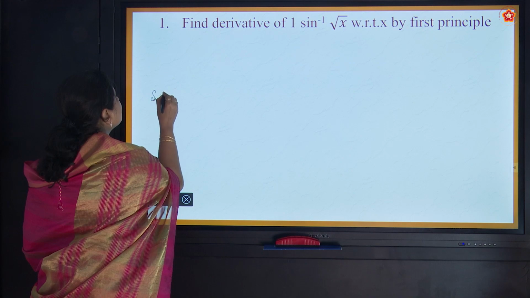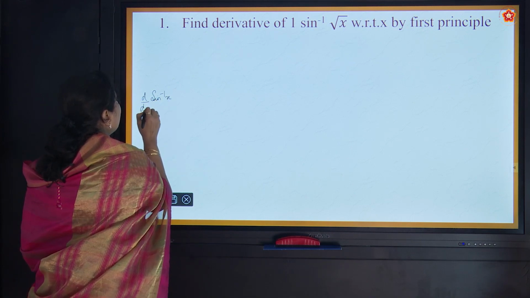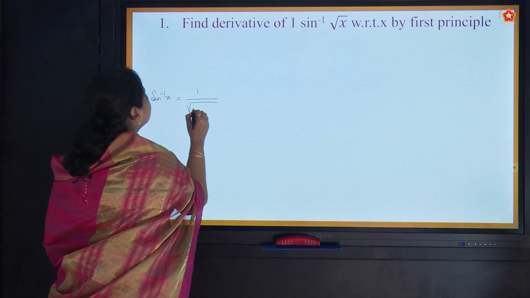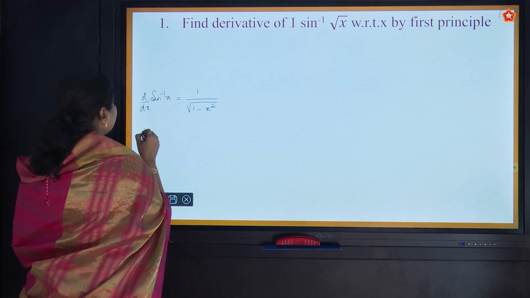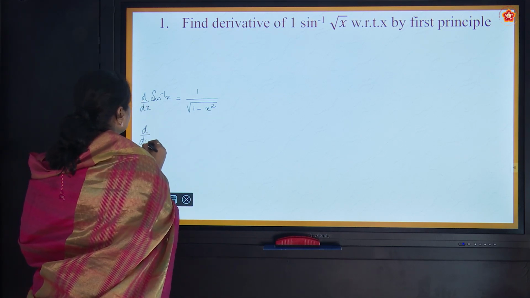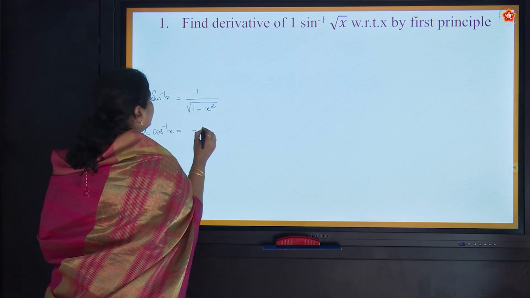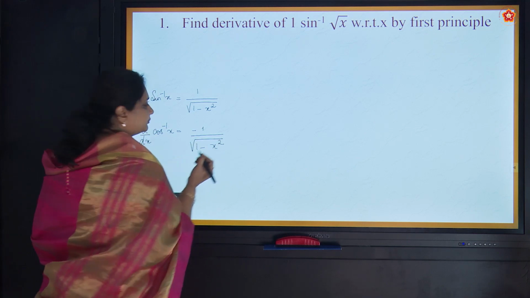When you differentiate sine inverse of x with respect to x, you get 1 by root of 1 minus x squared. When you differentiate cos inverse of x with respect to x, we get minus 1 by root of 1 minus x squared.